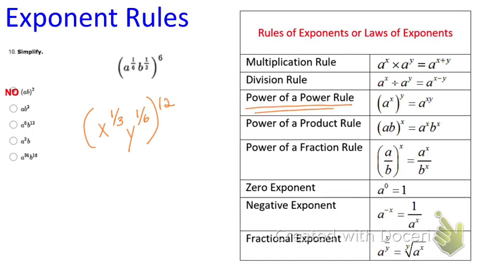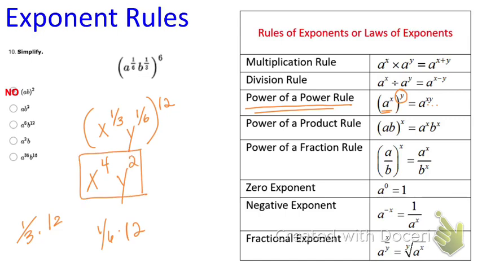If you have something with an exponent raised to a power, you multiply them. So this is x to the 1/3 times 12, which is 4. And then y is to the 1/6 times 12, which is 2. So you multiply the exponents.